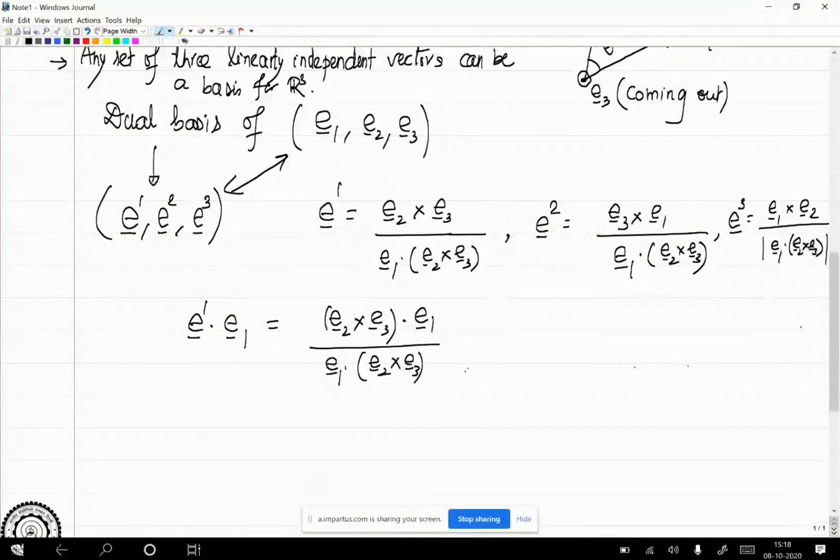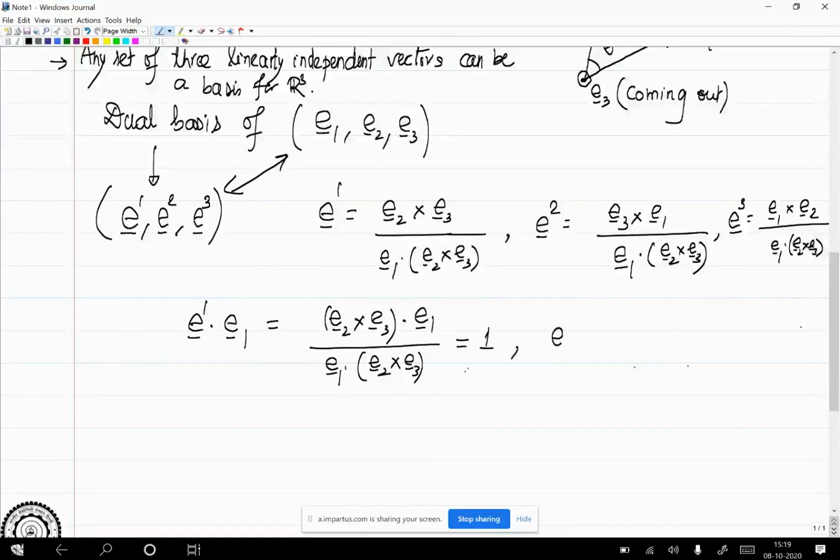Because it's right-handed, we assume that E1, E2, E3 is forming a right-handed basis, so the denominator by itself will be positive. Now, can you see what this E super 1 dot E sub 1 is equal to? 1, isn't it? So this is a nice property.